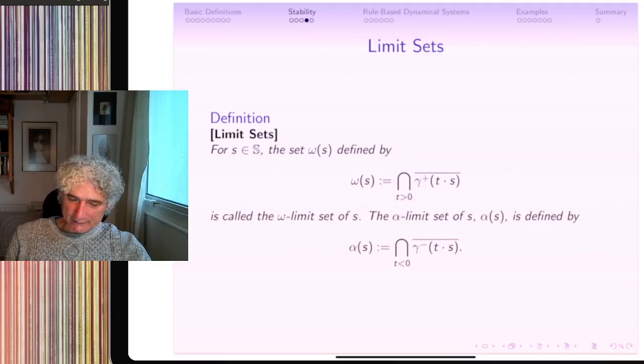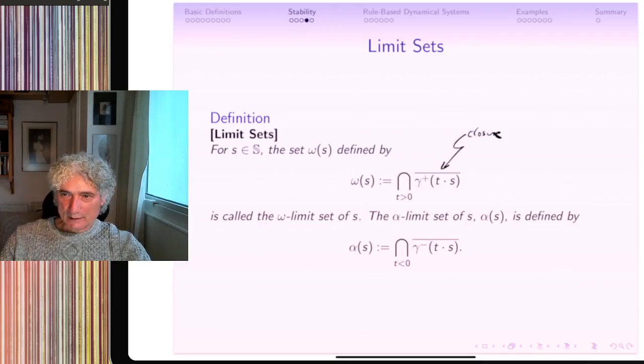I should give you this notation: this bar is the closure in the set theoretic sense. And you look at the closure of all forward orbits gamma plus when you do the shift until time t of s. So maybe an illustration is in place.